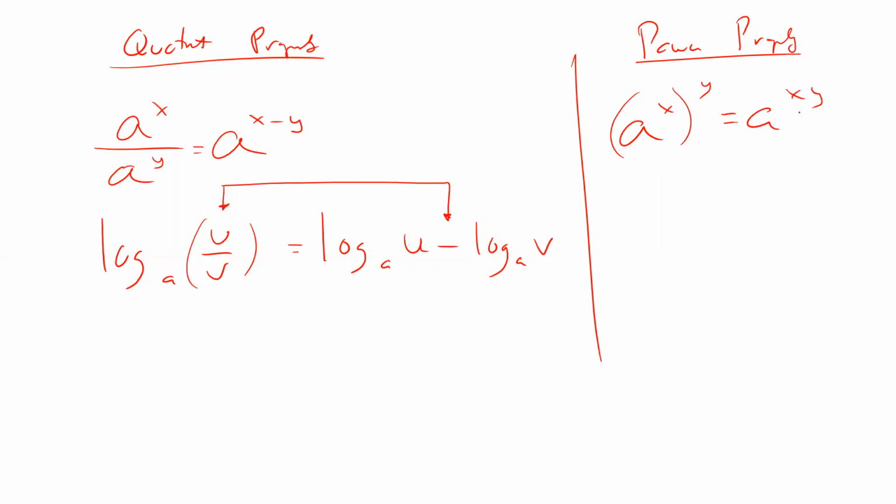So how does that translate? This is an exponent on the number itself. So how about log base a of u to the n power? How would you translate that into a log equivalent? If you take powers of u, you're going to multiply the exponent.